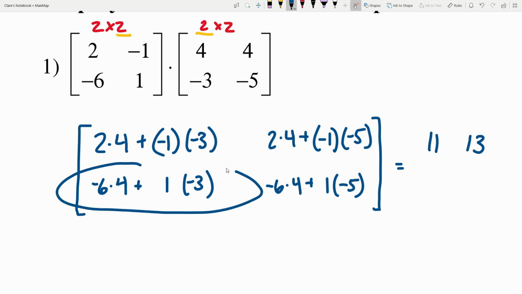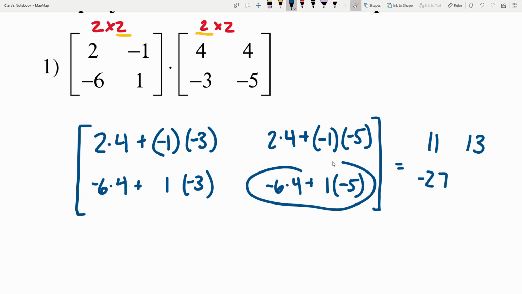Now, looking at my second row, first column, I have -6 times 4, which is a -24, and I'll be adding that to 1 times -3, which is a -3. -24 minus 3, or plus -3, gives me a -27.